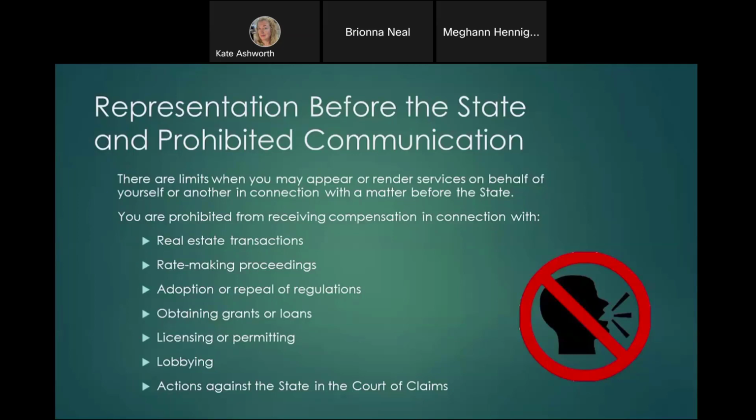If you have an outside activity as a state officer employee that involves an appearance before a state agency, you cannot be compensated for that particular appearance if it's in connection with this laundry list of various things, which include real estate transactions, rate-making proceedings, adoption or repeal of regulations, obtaining grants or loans, licensing or permitting. You can't be a paid lobbyist, and finally, you cannot be paid for an appearance against the state in the Court of Claims.